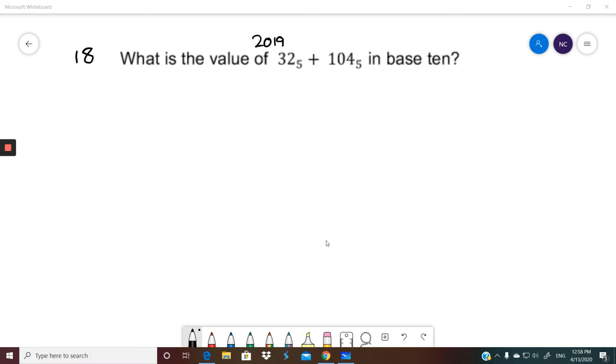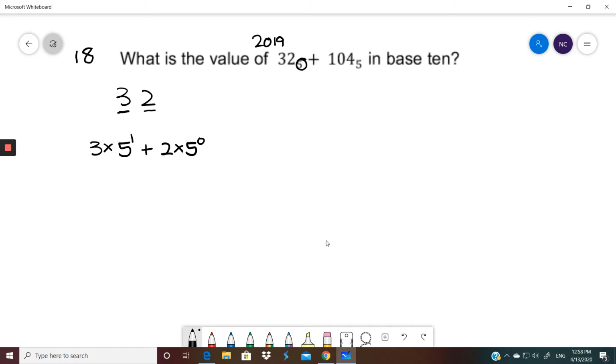For this one, from base 5, so 32, it essentially means that it's 3 times 5 to the 1 plus 2 times 5 to the 0. Since it's base 5, basically what happens is this is the units, the tens place becomes the fives place, so to speak.